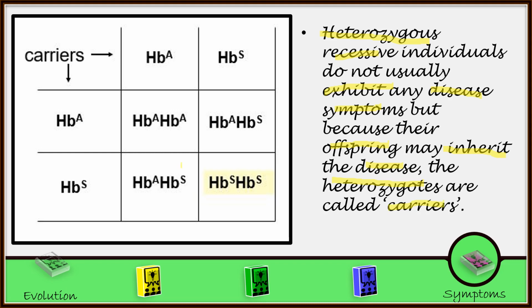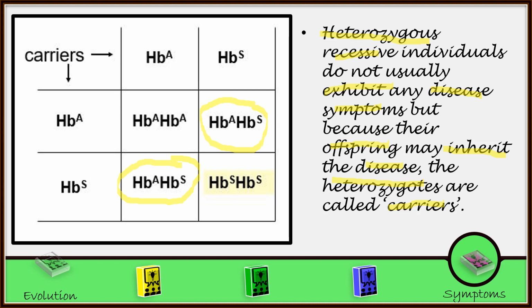These heterozygotes, we are saying they are individuals who do not exhibit the disease symptoms, but their offsprings may inherit the disease.